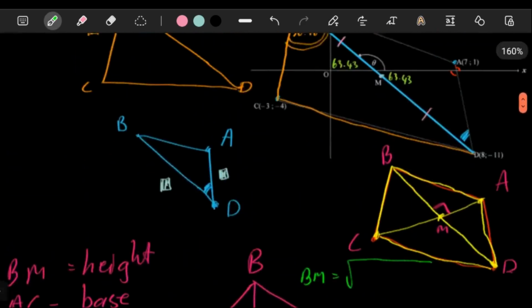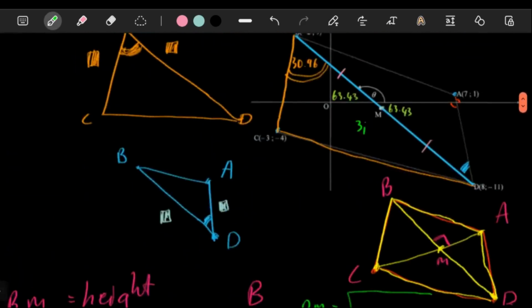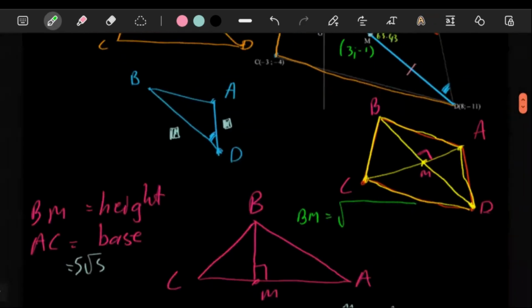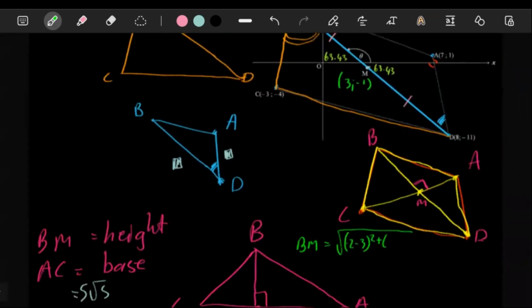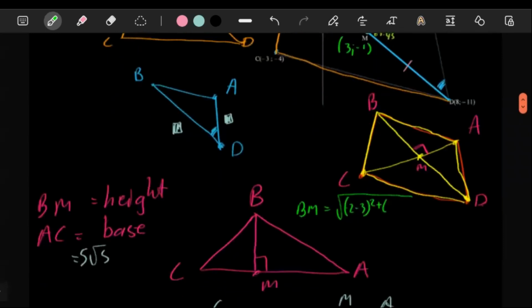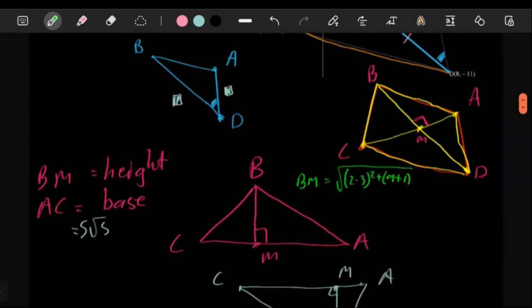Okay, so we have M there, 3 and -1. So the distance formula is going to be -2 minus 3, squared, and then you're going to have your 9 minus 1.